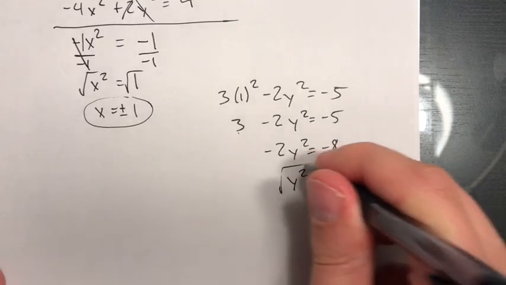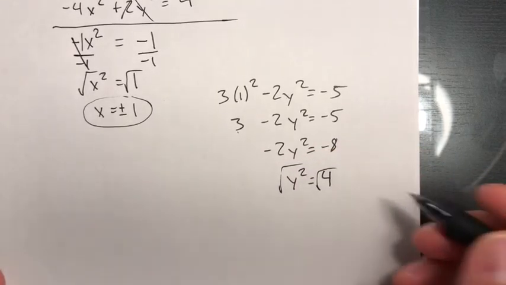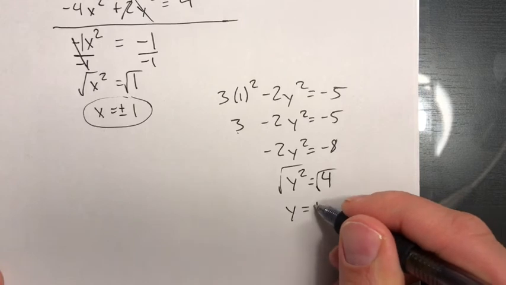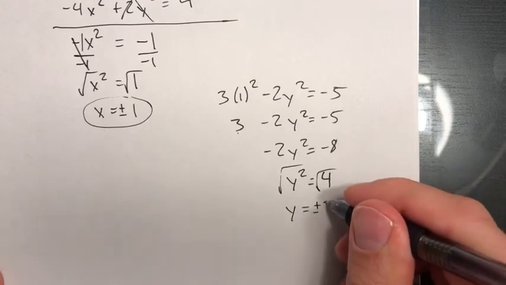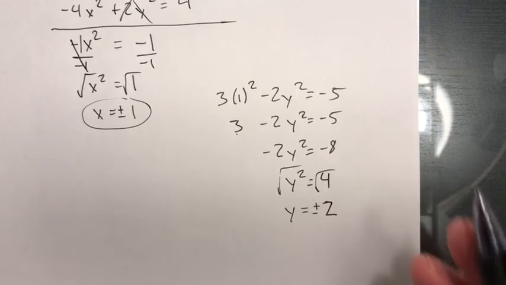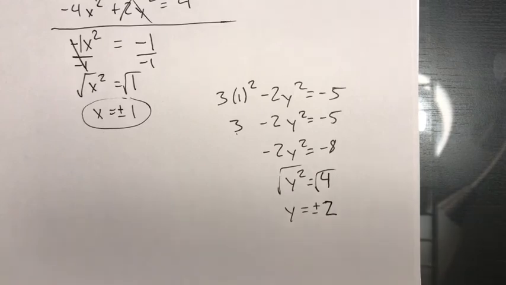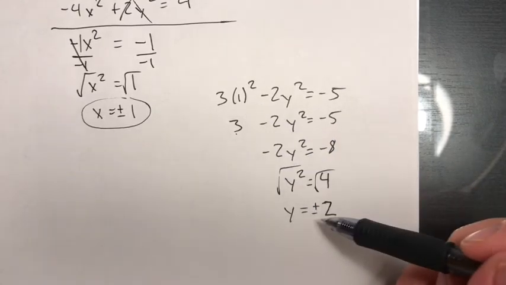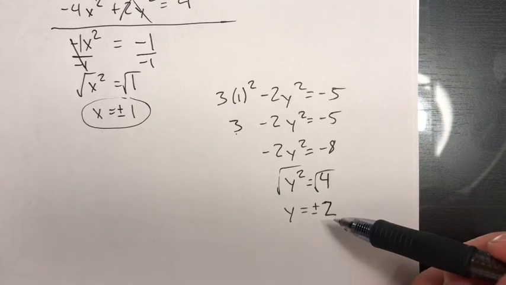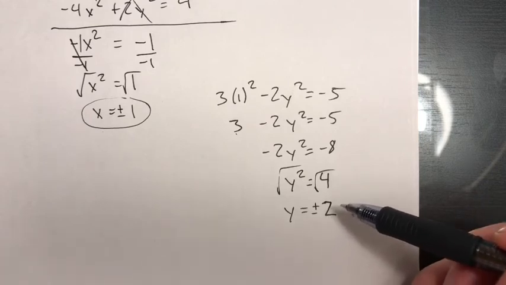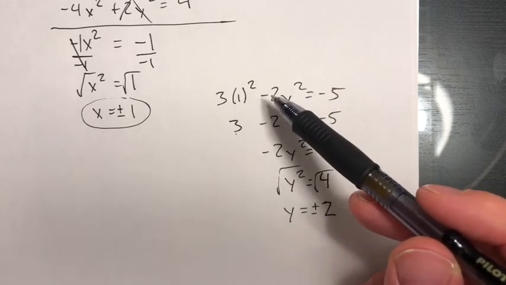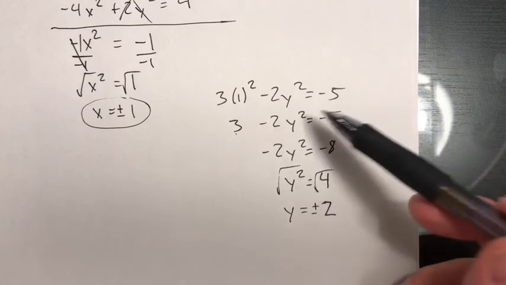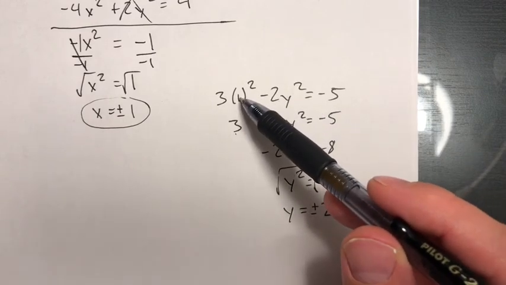And then I'm going to square root, and I get y equals plus or minus the square root of 4, which is equal to 2. Now, what's really weird about this is I plugged in a 1, and I actually got 2 answers. That means there are actually 2 intersection points for this system of equations at x equals 1.